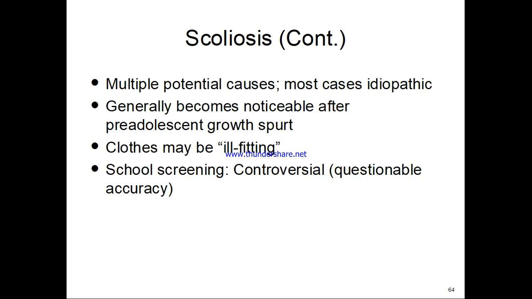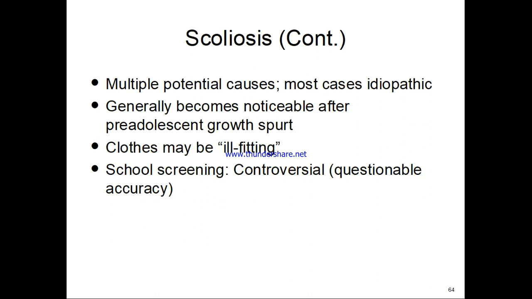School screenings are controversial. There was a time when at about 10 to 12 years old, all of the kids were getting their backs checked out by the school nurse, and they would line them all up and they would say, okay, you walk and then bend down and touch your toes and slowly roll back up again, and we're going to see how straight your spine is.